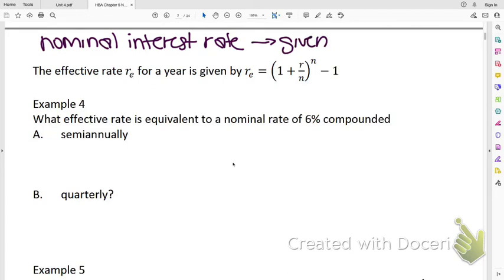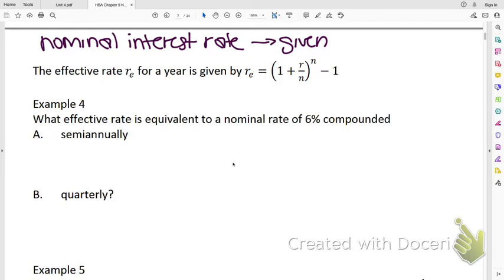You're given it's 4% compounded quarterly. You're given it's 6% compounded annually. As soon as you throw a compounding into it, compounded quarterly, compounded daily, compounded monthly, that messes with your interest rate. It basically changes it. The more it's compounded, the higher the interest rate actually comes out to be. And so that's what this effective rate thing is.